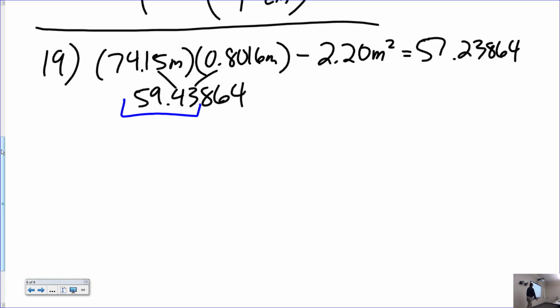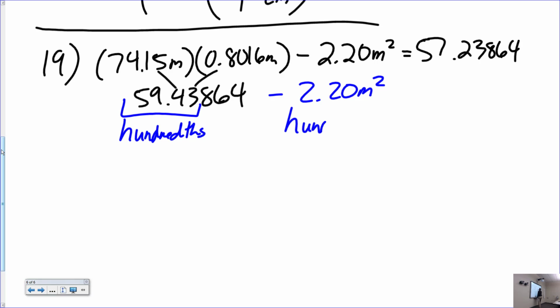All you're doing is figuring out where you are. And then I'm subtracting 2.20 meters squared. When you subtract, folks, you don't count significant digits. Adding and subtracting is precision. That's where you tell me where the number stops. This number stops at the hundredths, this number stops at the hundredths.